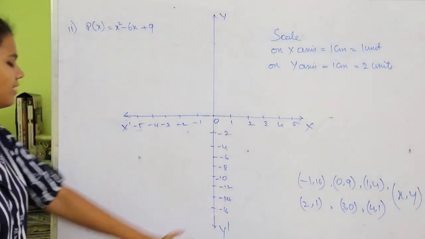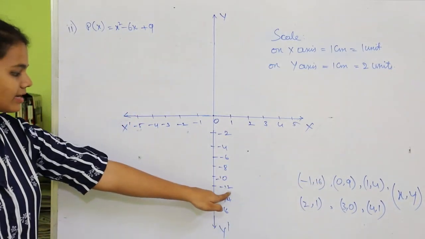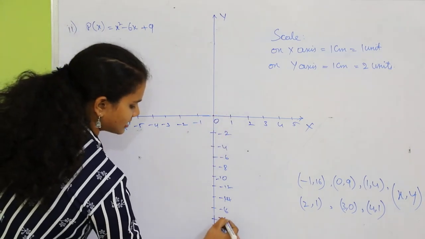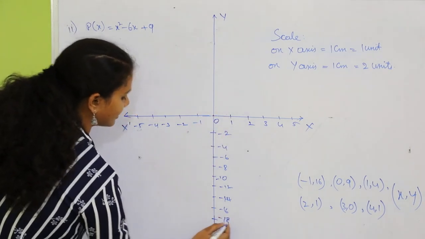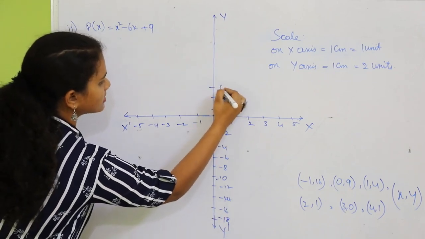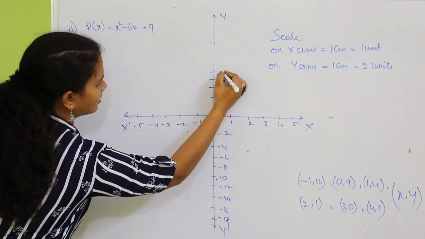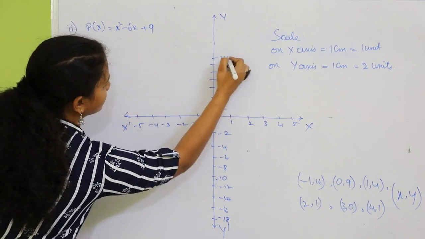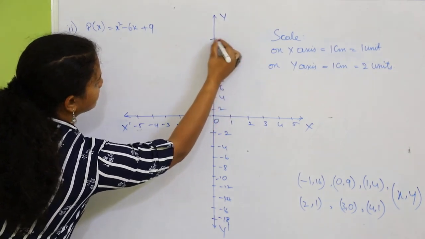There's no need of taking minus 16. We can either go to minus 12, it's enough, but I've just written it like that. Now here you have 2, 4, 6, 8, 10, 12, 14, 16, 18.